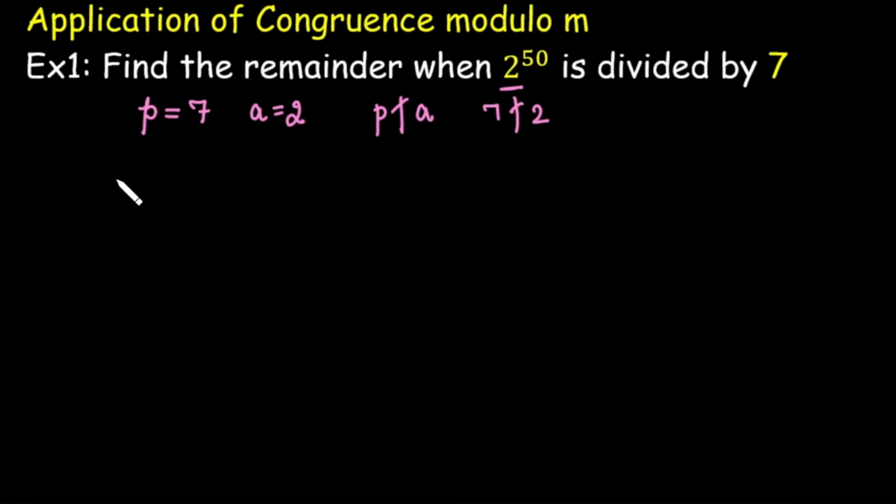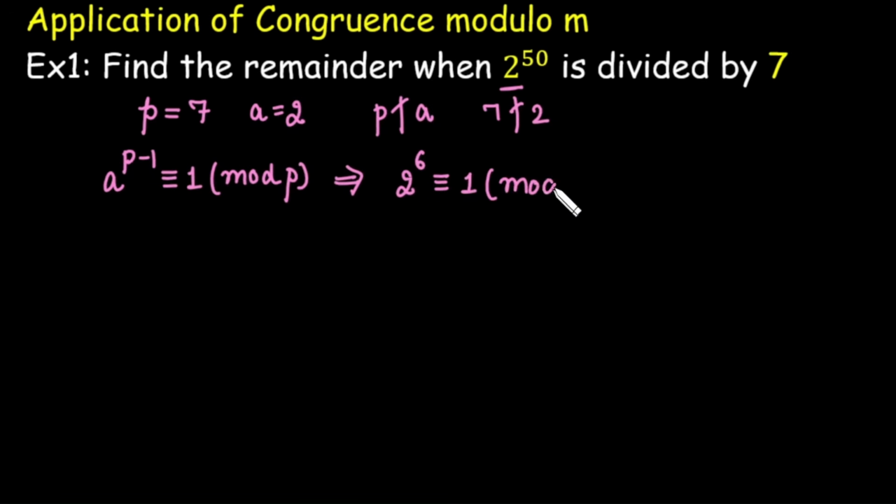According to Fermat's theorem, a raised to the power p minus 1 is congruent to 1 mod p. It means 2 raised to the power p minus 1, that is 6, is congruent to 1 mod 7.